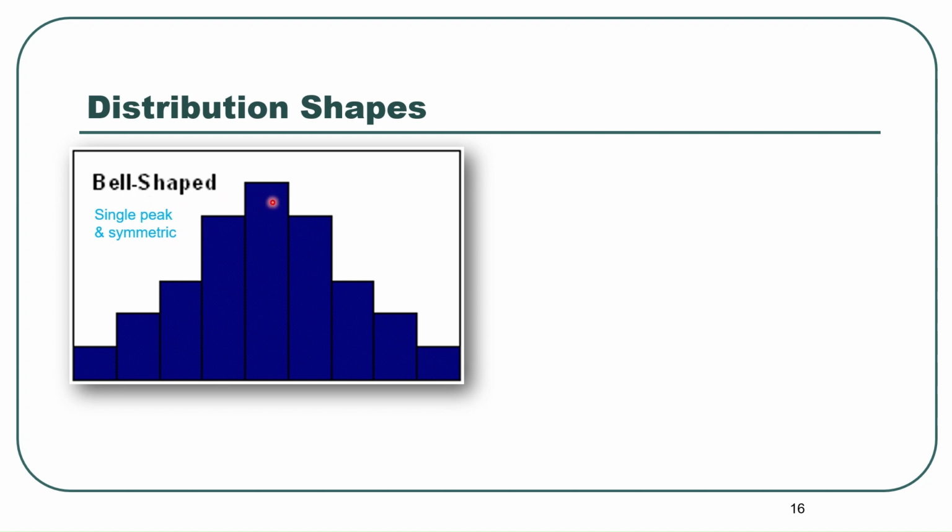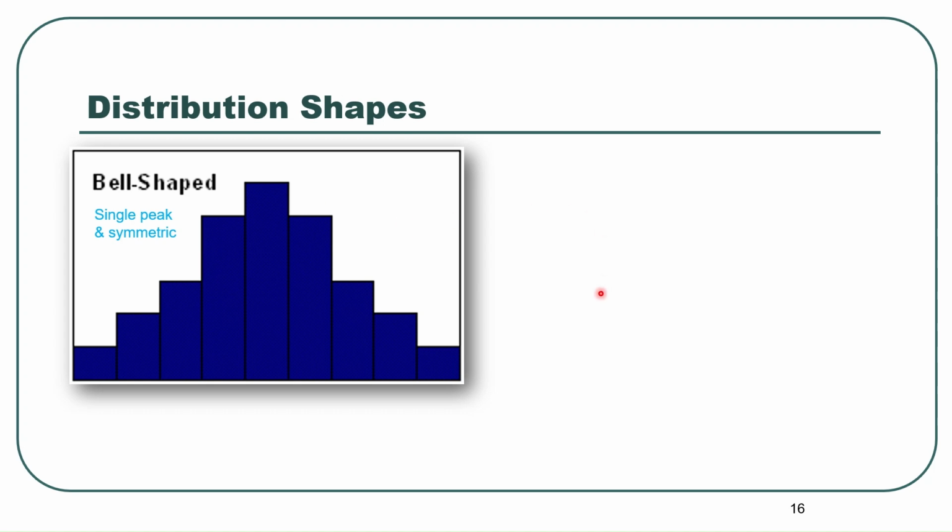And not only single peak but symmetric, to emphasize that it has a symmetric pattern on both sides of the modal class or single peak. So single peak and symmetric means bell-shaped. This is by the way the nice shape that you hope all of your distributions are taking, at least in statistics.